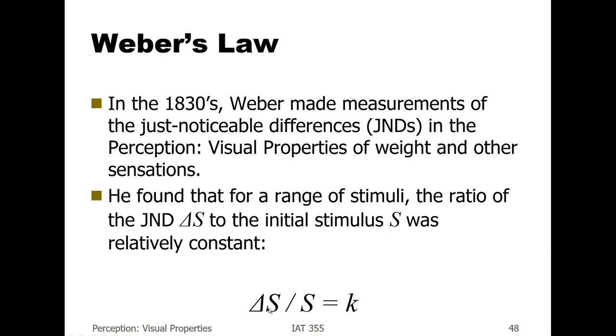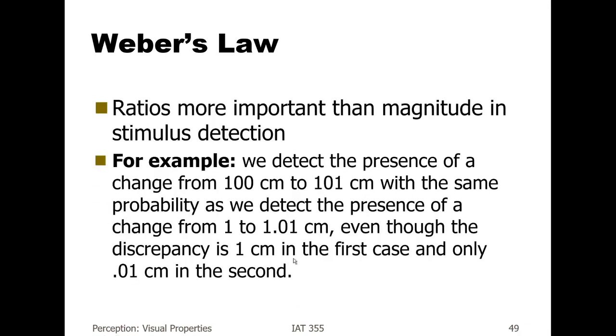That is to say, delta S over S equals K. Each constant depends on the thing you're trying to judge. So weight's value of K is different from the K for length, which is different from the K for color. What that means is that ratios are more important than magnitude in stimulus detection.